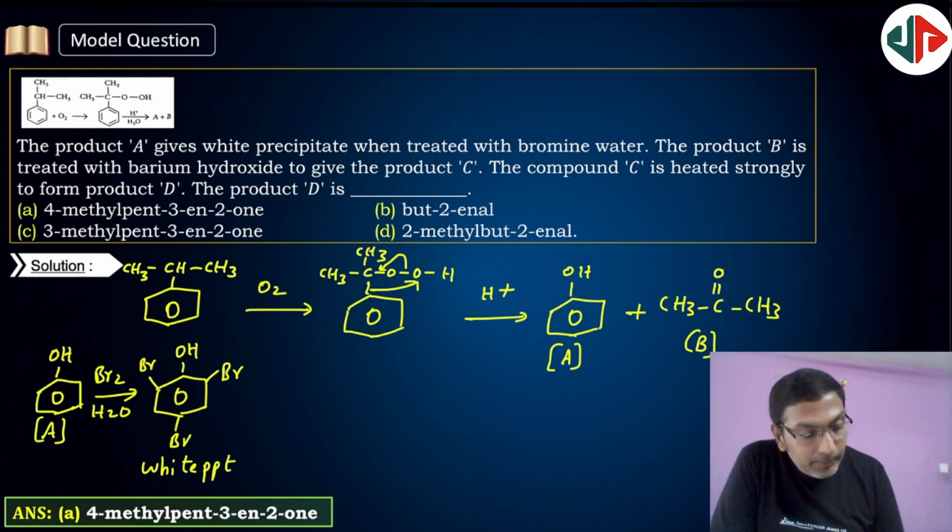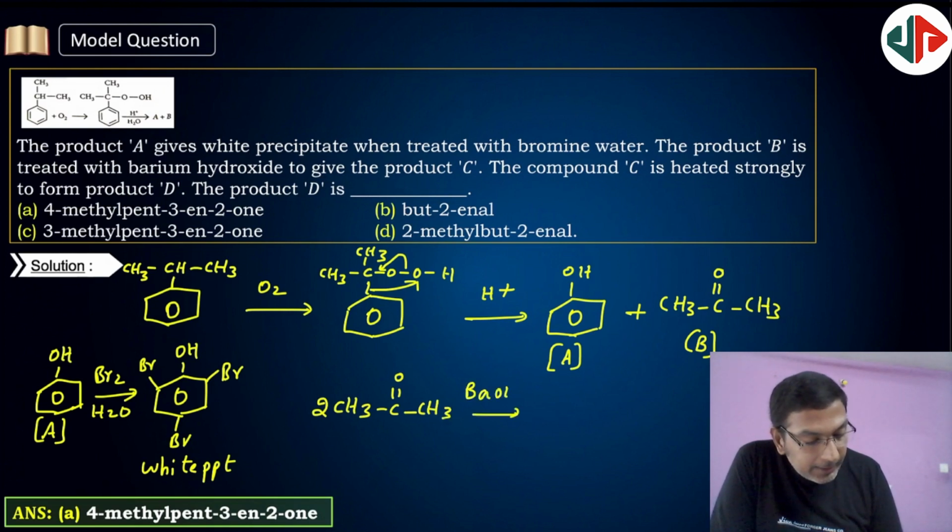Next, compound B. Two moles of acetone with barium hydroxide alkali, a famous reaction, aldol condensation, followed by heating.